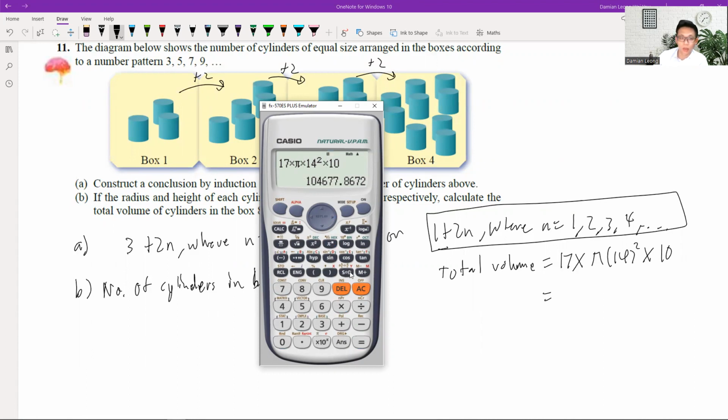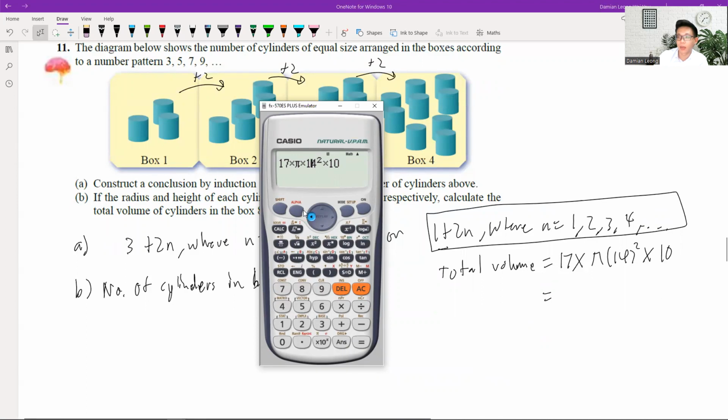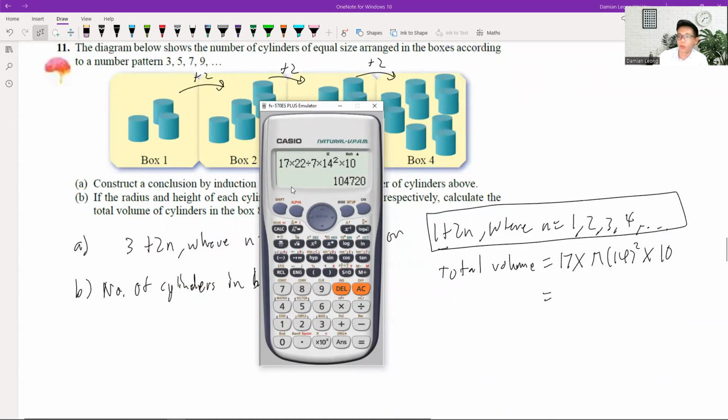They never say what to do with the pi. If you use 22/7, that would be the answer in your textbook. However, they did not specify here what pi to use. So if you just use pi, it'll be fine.